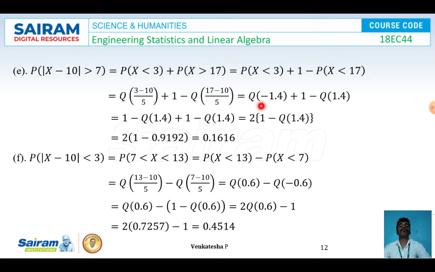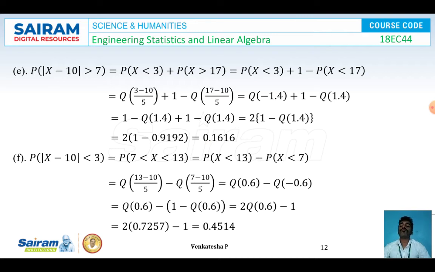So it will be equal to Q(−1.4) plus 1 minus Q(1.4). Just converting this Q(−1.4) as 1 minus Q(1.4), I'll be getting 1 minus Q(1.4) plus 1 minus Q(1.4). It will be equal to 2 times (1 minus Q(1.4)). So the value of Q(1.4) is 0.9192. On simplifying this, we got the expression value 0.1612.